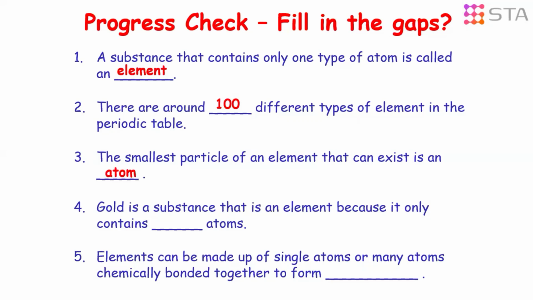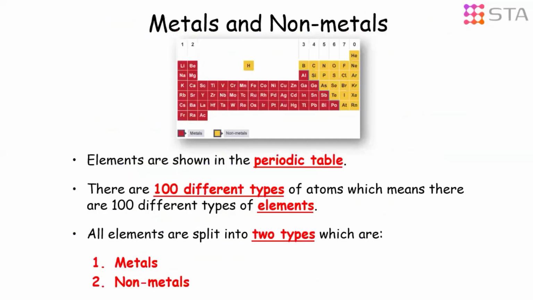Question 4, gold is a substance that is an element because it only contains gold atoms. Question 5, elements can be made up of single atoms or many atoms chemically bonded together to form molecules.